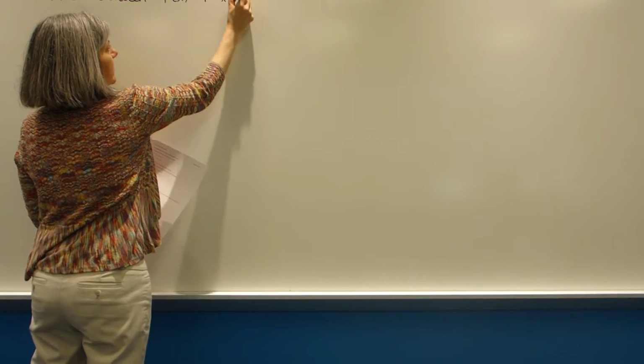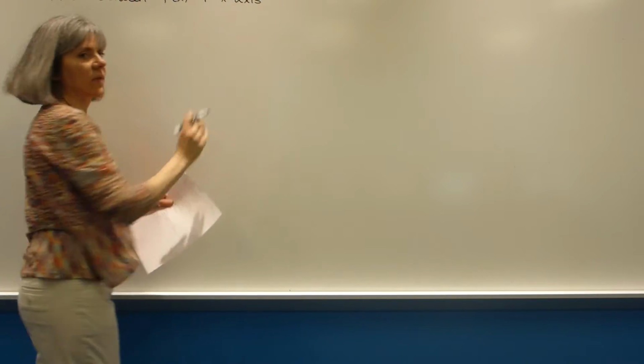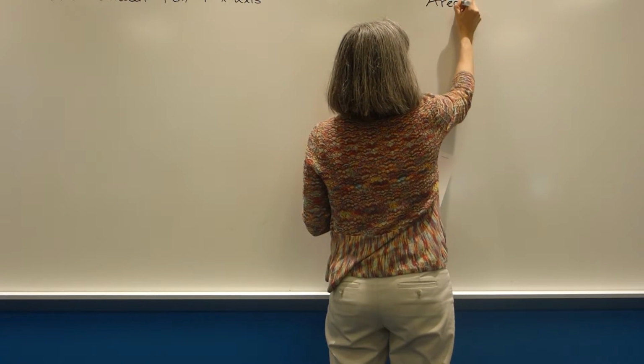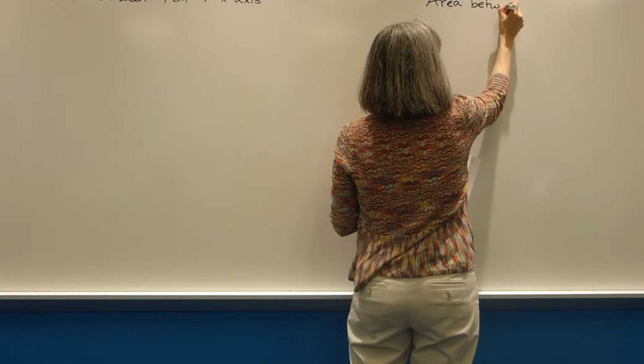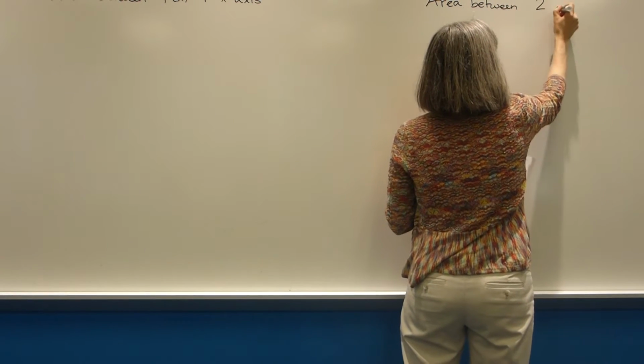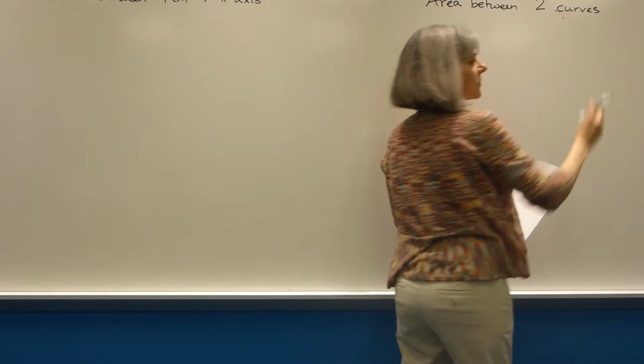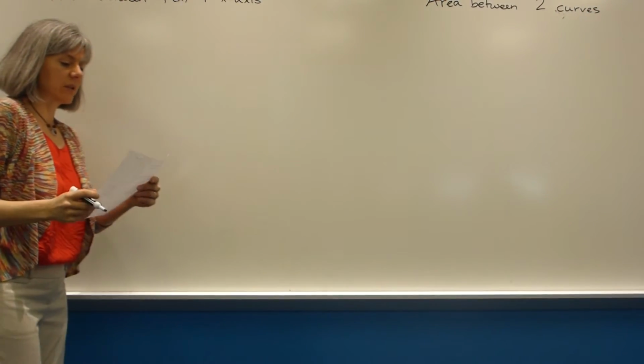So remember, we have two kinds of problems. We have area between some curve and the x-axis. That's one type. And then we also have area between two different curves. Okay, so let's look at the first one.